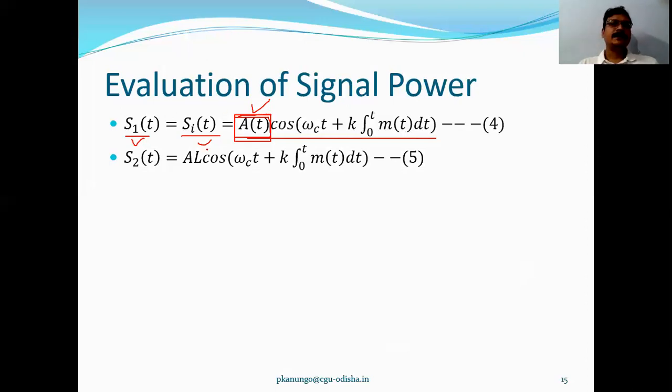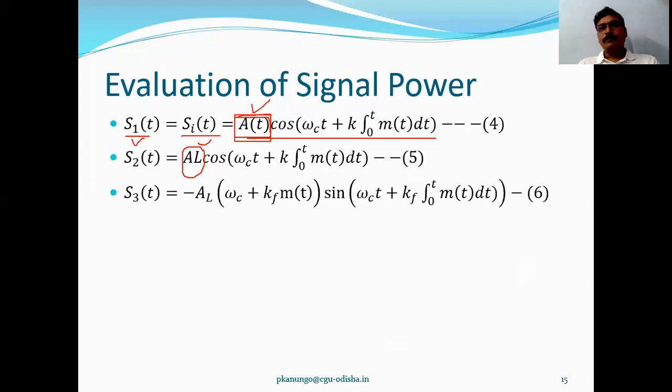L is the limited value of the limiter. It will limit, it will fix that amplitude. The amplitude variation will be constant now, which will be L cos(ωc t plus kf ∫m(t)dt).